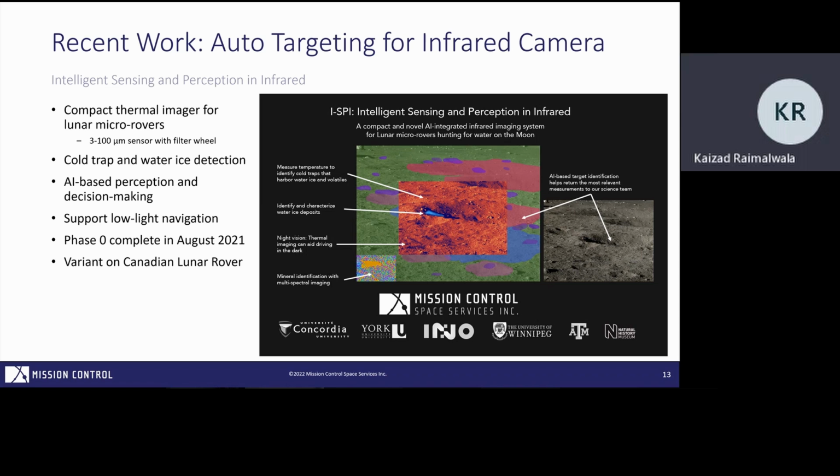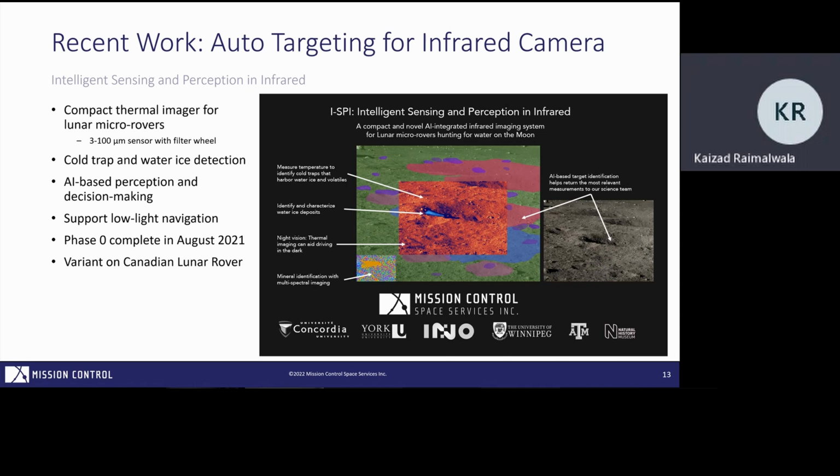This thermal imager is a sensor developed by our partner INO in Canada, and it's capable of sensing in 3 to 100 microns with a filter wheel that's designed for specific science investigations. For our study, we were interested in cold trap and water ice detection.